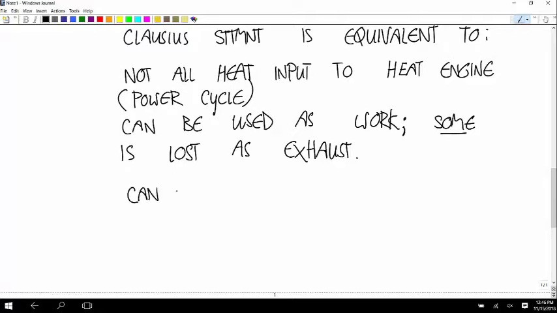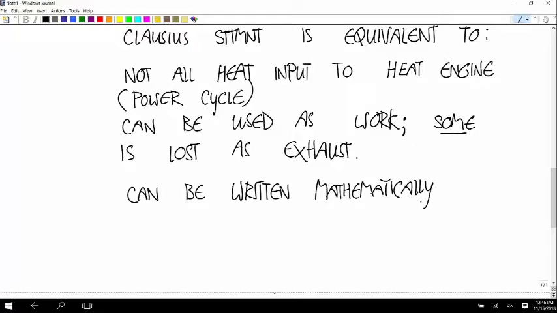This can be written mathematically. The first one, the sentence form, is how it makes sense to me intuitively.